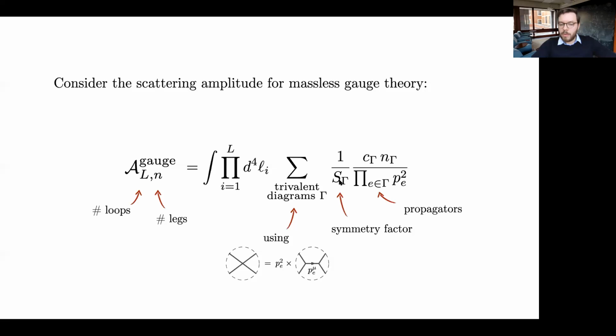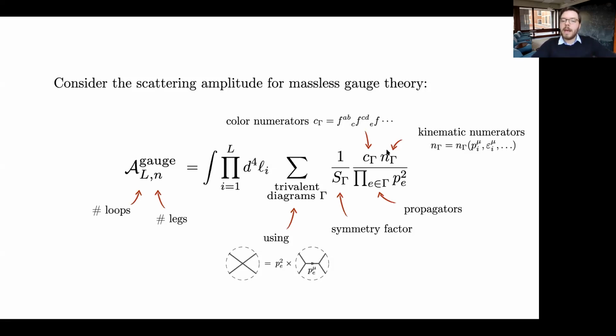Then we have the obvious symmetry factors as well as a product of propagators for all internal edges. And in the numerators, we have color numerators, C gamma, which are typically contractions of structure constants of your gauge group, as well as the rest, which we call kinematic numerators, N gamma, which are polynomials in polarization vectors, momenta, etc.